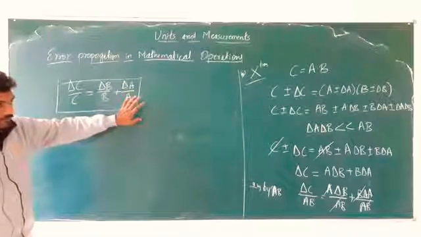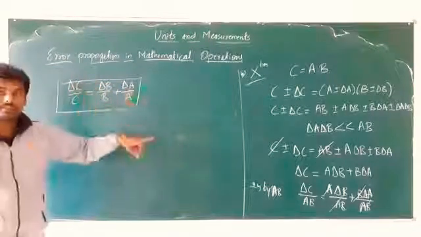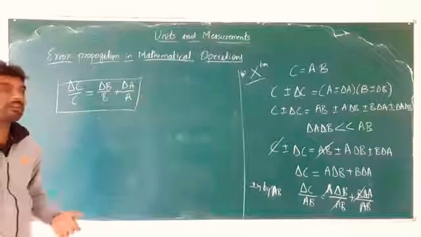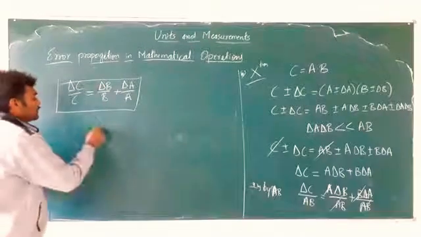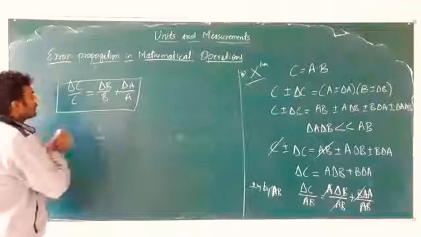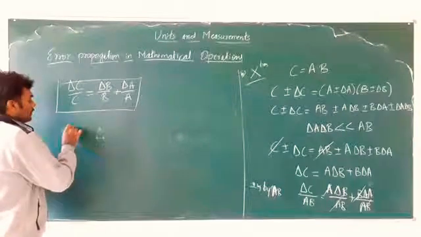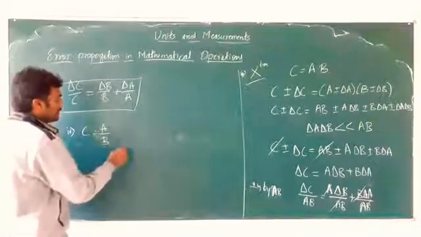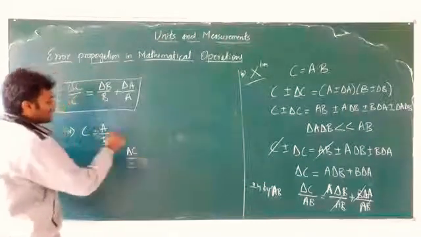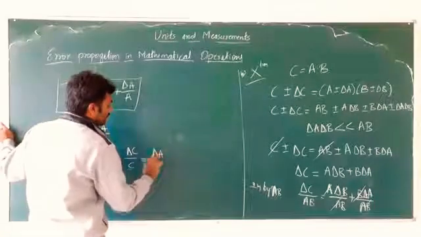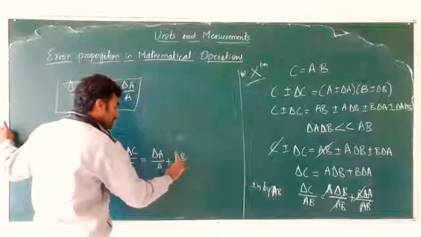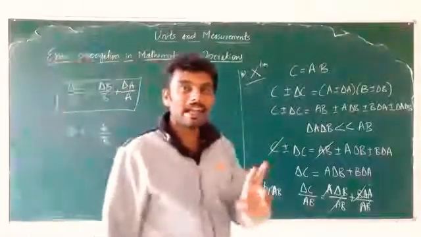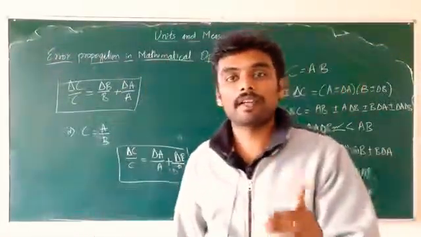And now, not only for multiplication, even for the division operation the error is going to be similar, which means when we have C is equal to A by B, then delta C by C is again going to be simply delta A by A plus delta B by B. So absolute errors add up when it comes to addition and subtraction.